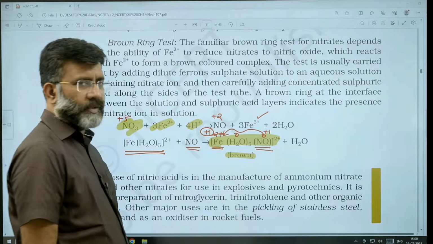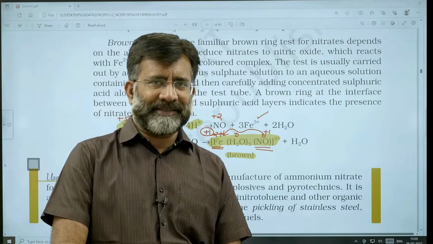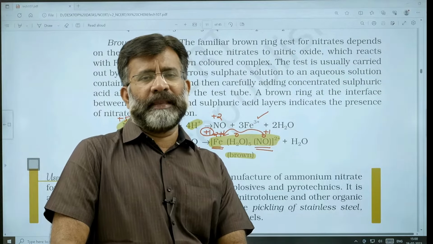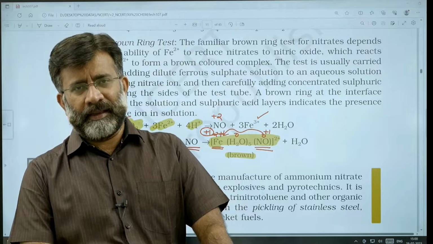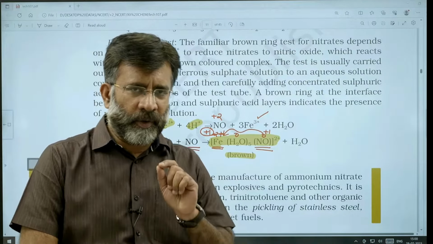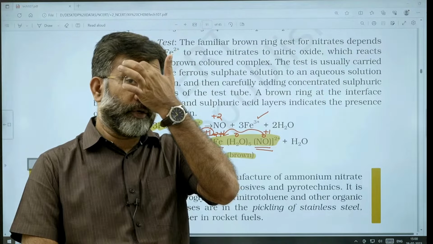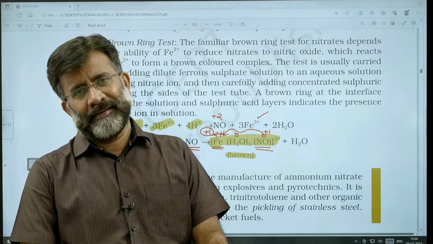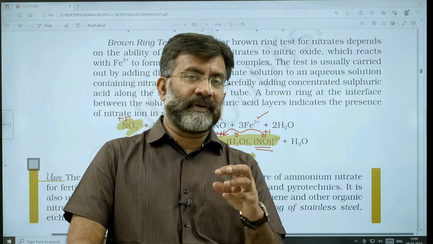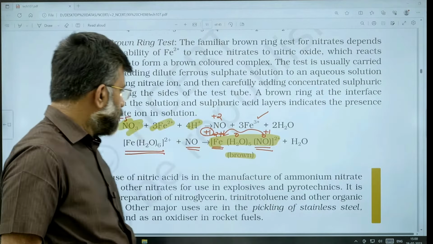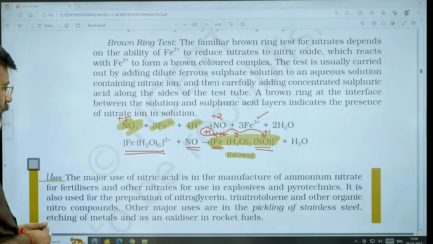So the oxidation state of iron in the brown ring complex is +1 due to ligand to metal electron transition. The neutral nitrosyl donates an electron to Fe2 plus, and Fe2 plus turns to Fe +1. And that actually is the reason for the coloration. Right? So such points may also be asked.